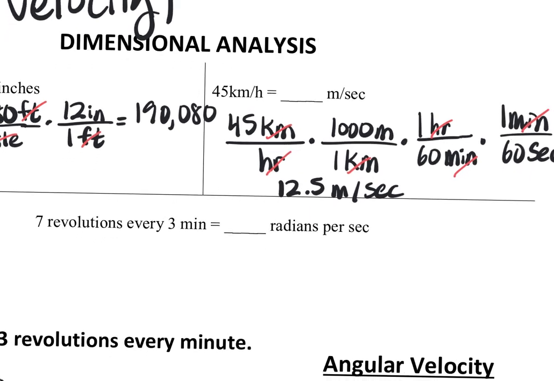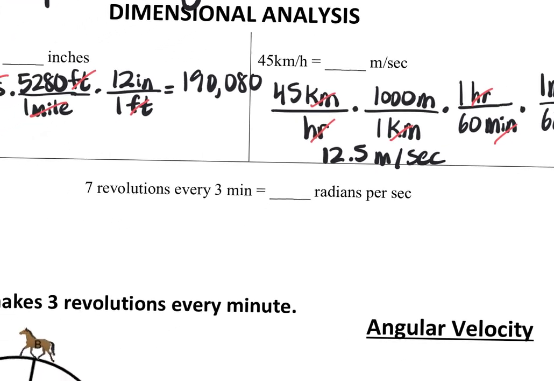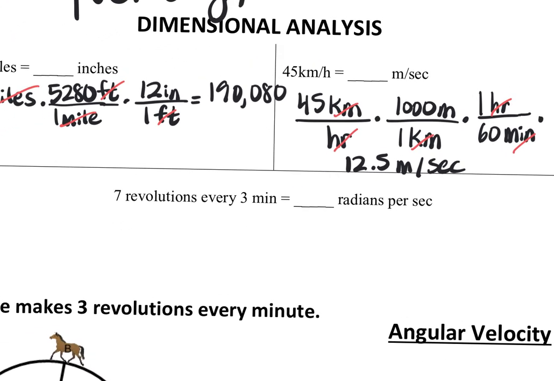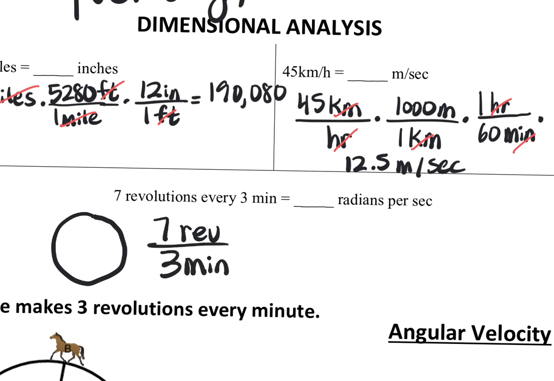All right, so let's look at the same thing, but dealing with circles, okay? So we're going to combine it a little bit with what we were learning in the last lesson. Here's our circle. A revolution is 1 trip around the circle. So if we have 7 revolutions every 3 minutes, and we want to go to radians per second, I know that 1 revolution is 2 pi radians.